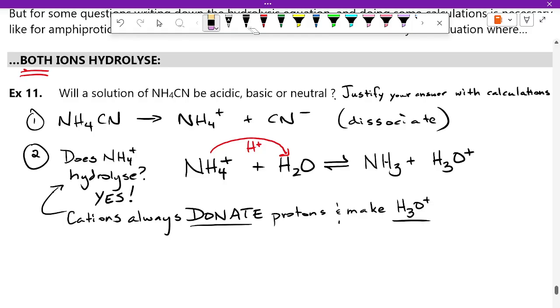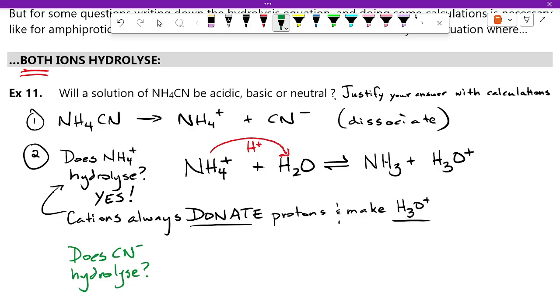We ask ourselves, does CN minus hydrolyze? If this were a multiple choice question, you could simply ask yourself, is HCN a strong acid or a weak acid?